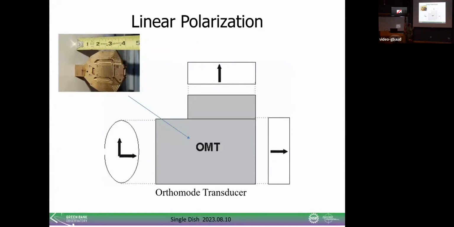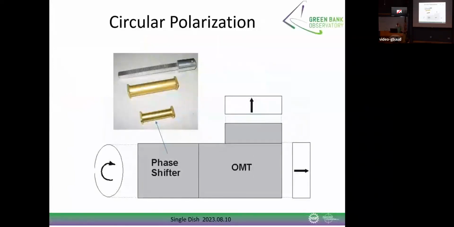Some of the lower frequencies have different septum polarizers, and some of the receivers are native linear, and we have hybrids on the output that convert the linear to circular. So there are different methods depending on what band, what receiver, and what wavelength you're dealing with. Some of these receivers, like the KFPA, for instance, are native circular.